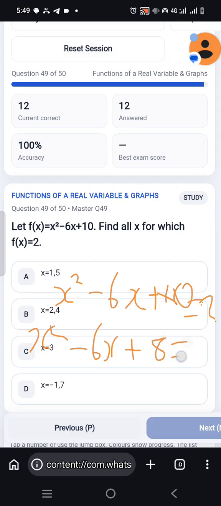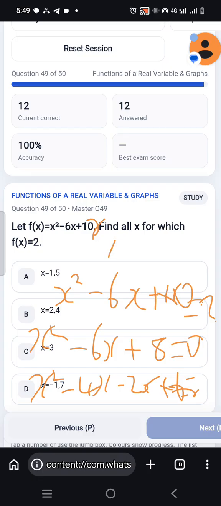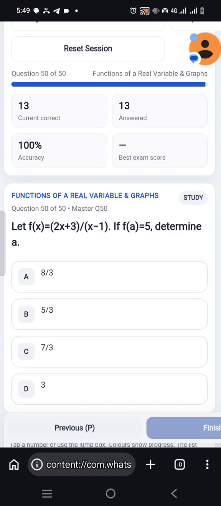That is 8, is equal to 0. So you have to find the factors. You can use your calculator, but I already knew that my factors are x minus 4 and x minus 2. So if you factorize this in a nutshell, you are going to get 2 and 4 to save our time. So this is your factor. So your x can be 2 or 4.